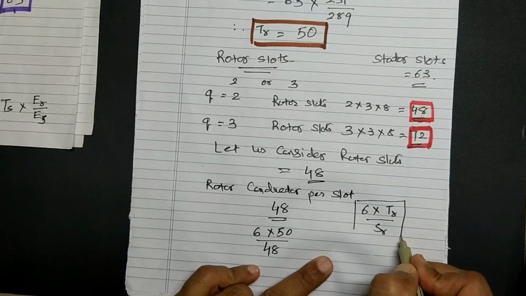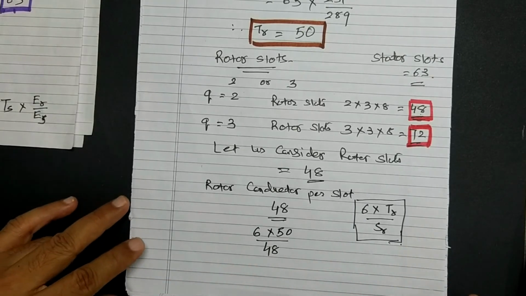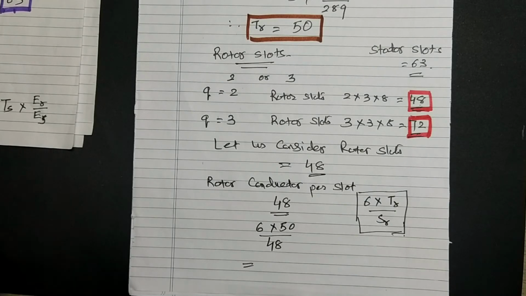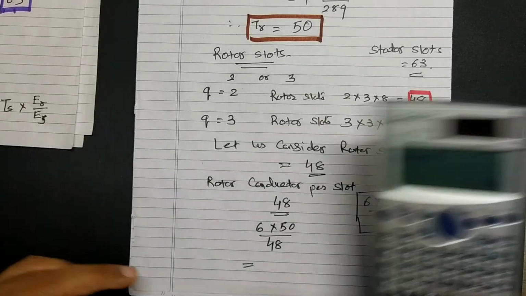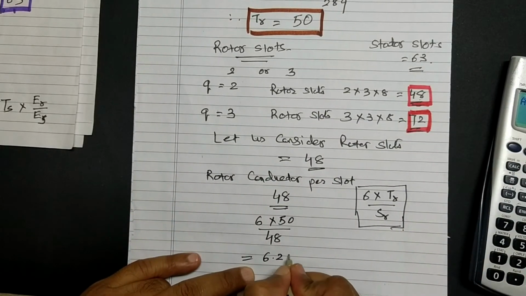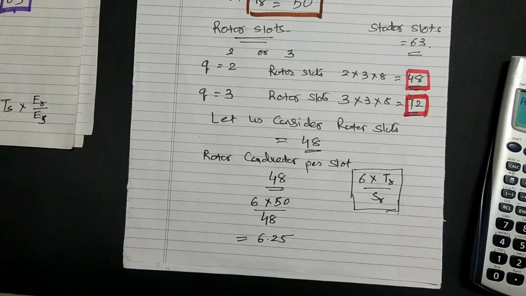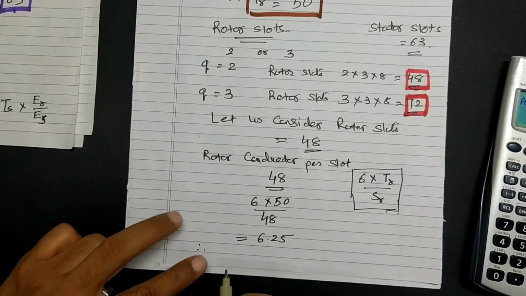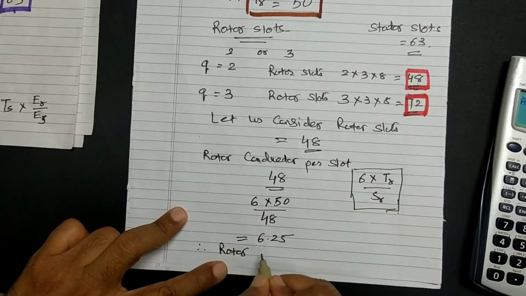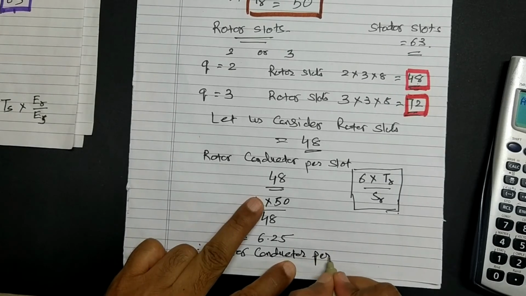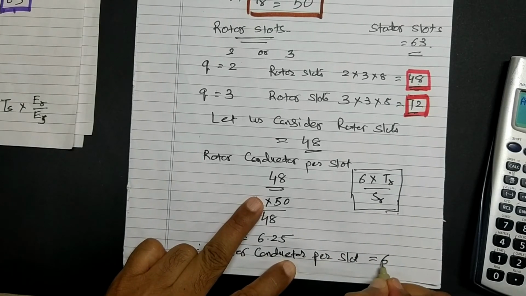This equation we have used, right? So it comes to 6.25, but we have to consider an integer value, and therefore we take the rotor conductors per slot equal to 6.